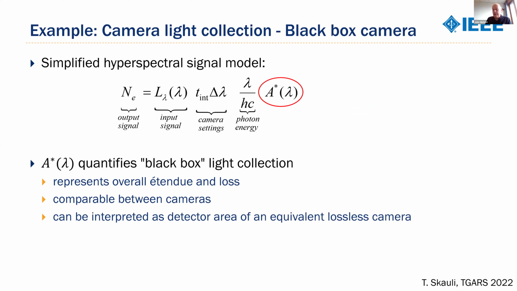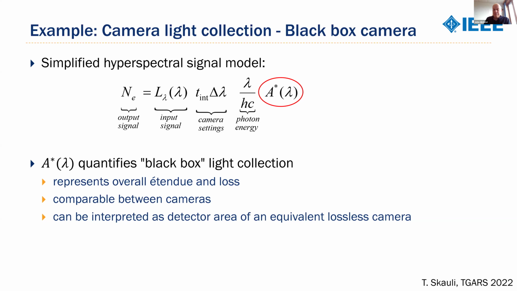So this is a place where I've stuck my head out and said that let's define this as a quantity, and we call it A star, and it is essentially the pixel area of an equivalent lossless camera that has roughly a f1 optics on the image side.